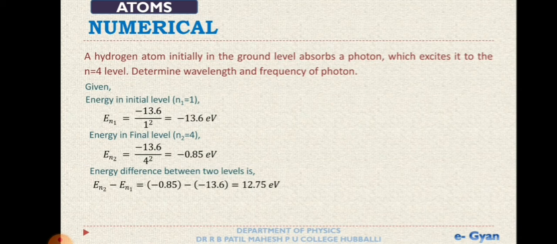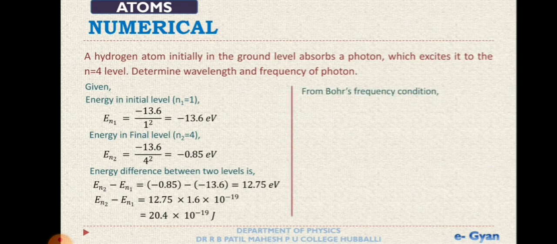And it is this energy which is absorbed by an electron to get excited. When we convert the energy into joules, we get it as 20.4 into 10 raised to minus 19 joules. So 20.4 into 10 raised to minus 19 joules amount of energy is being absorbed by an electron to make a transition from ground state to n equal to 4 state. Now from Bohr's frequency condition, h into nu is equal to En2 minus En1.